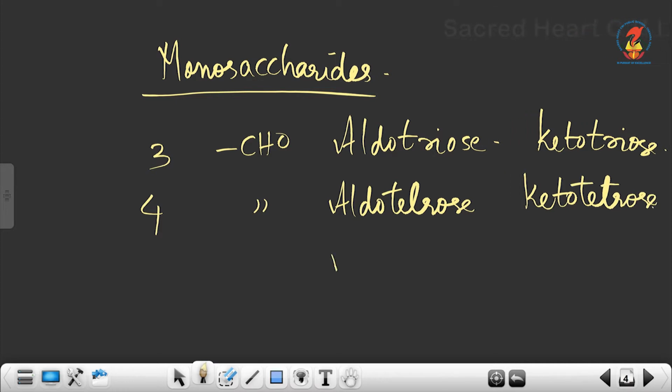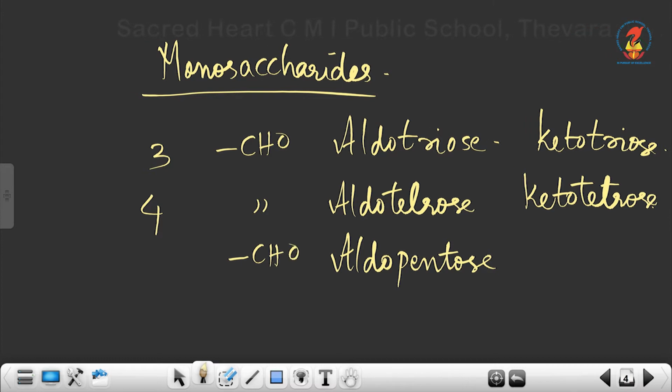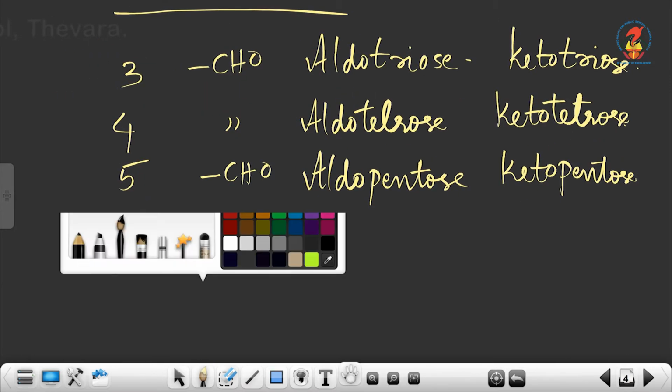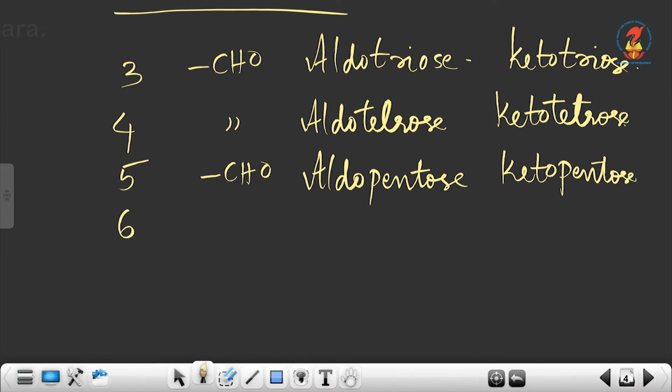Now, aldopentose. When you see this word, aldo means aldehyde functional group and pentose means there are 5 carbon atoms in that carbohydrate. If it's a keto group, then we have ketopentose. Now, if there are 6 carbon atoms and the functional group is aldehyde, then we call it aldohexose.